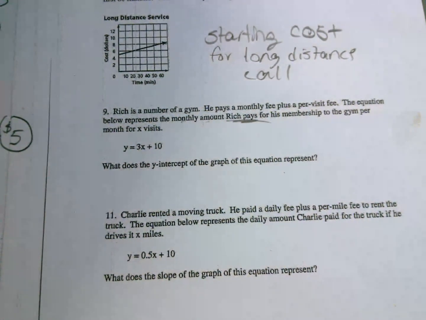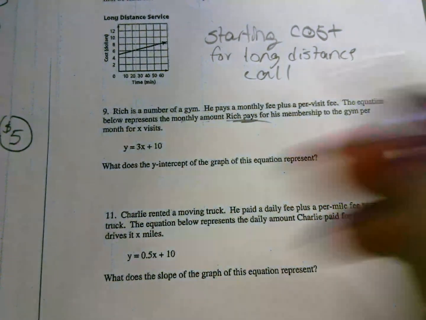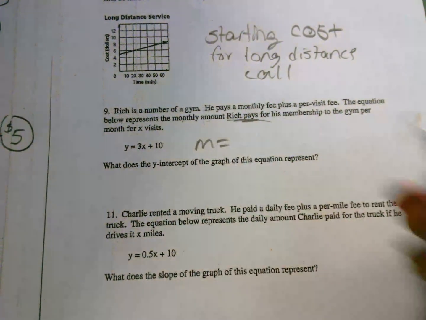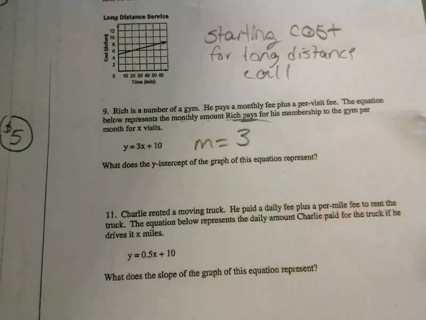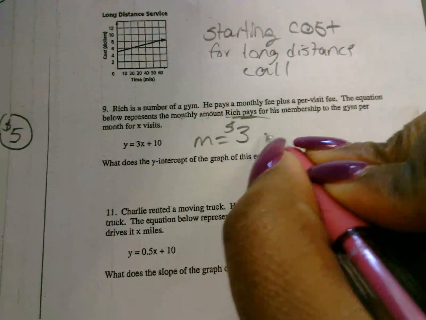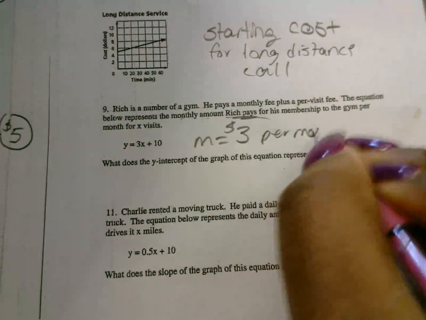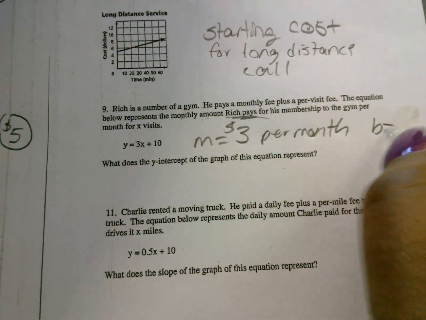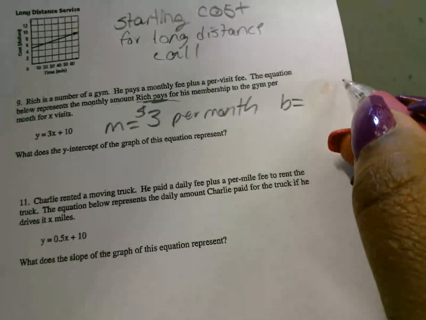Okay, so for M, what does the M represent? It is the rate. So it's $3 per month. What does the B represent? What is the B in this case?